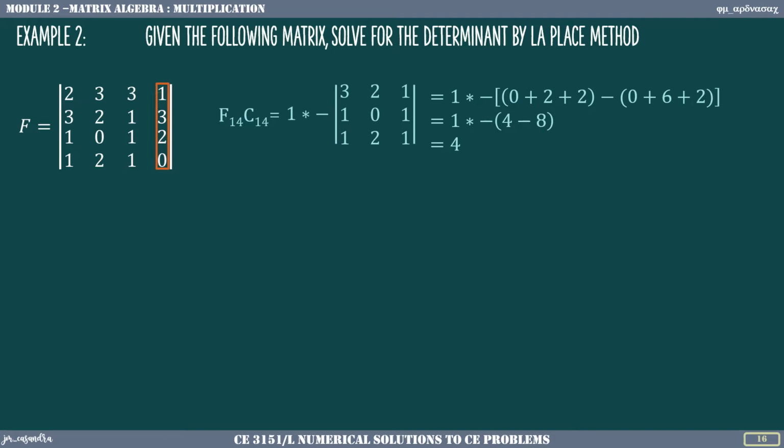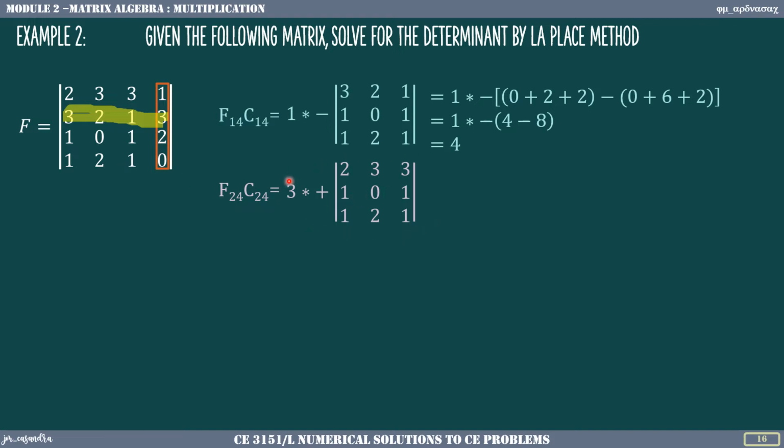So next, we have the second element. That's F24 times the cofactor. And that will give us now 3. 2 plus 4 is an even number, so it is a positive value. And its minor matrix is 2, 3, 3, 1, 0, 1, 1, 2, 1.